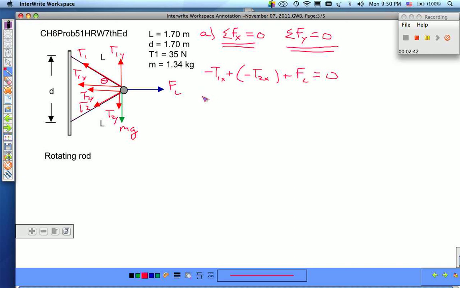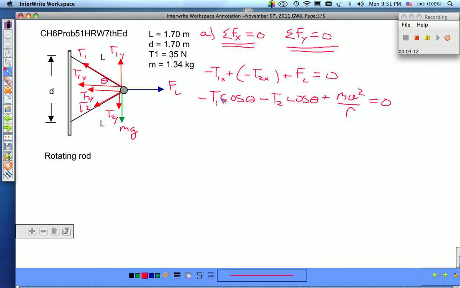So T1x is T1 cosine theta, T2x is T2 cosine theta, and Fc is mv squared over r, the centripetal force, but in this case the centrifugal force. That's equal to 0.